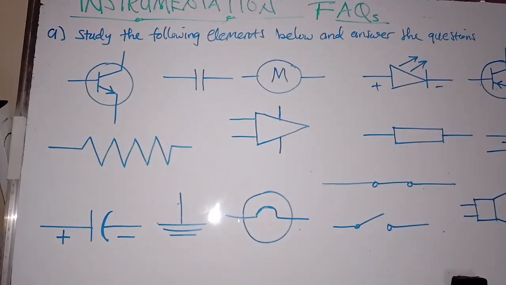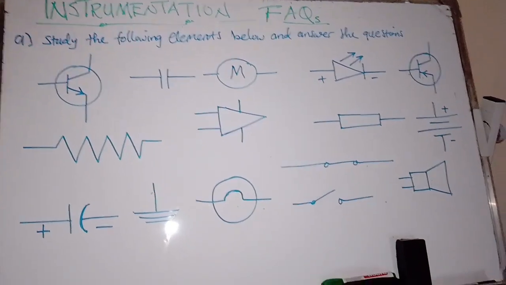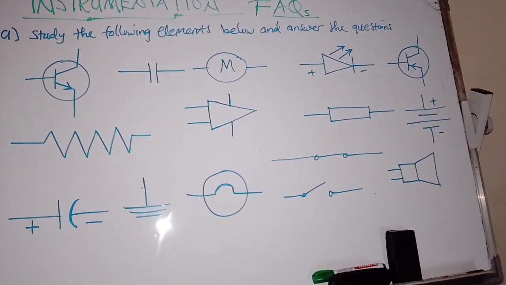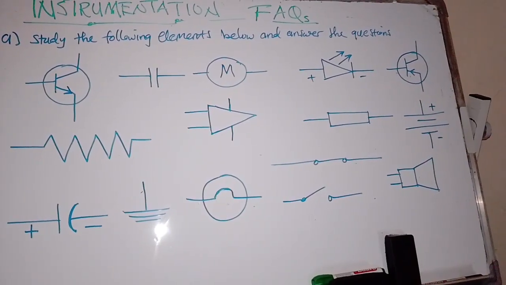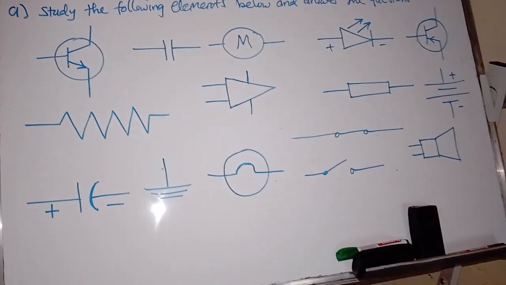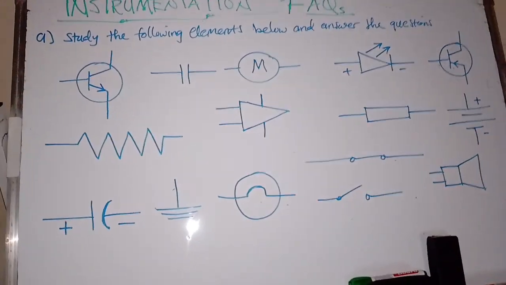So the questions, I'm just going to ask the question. Identify components that can convert electric current to light. Which component?